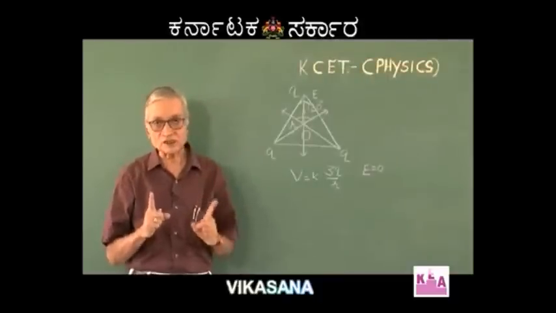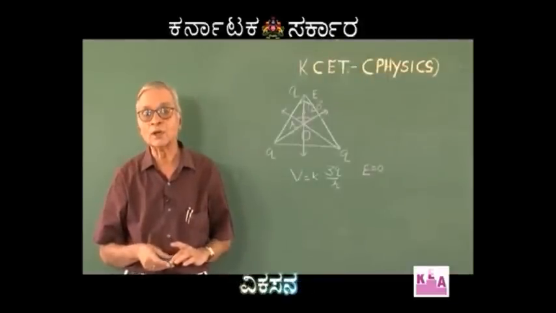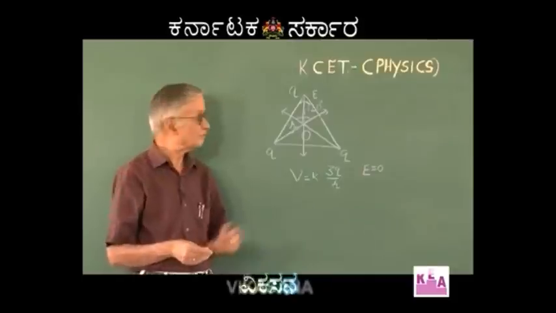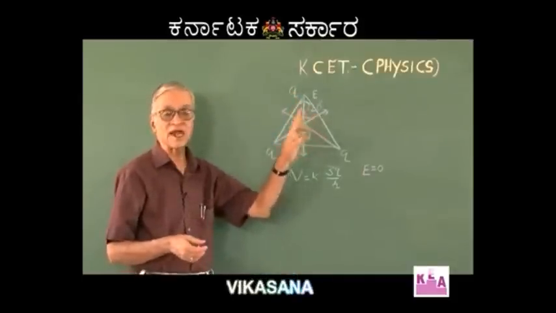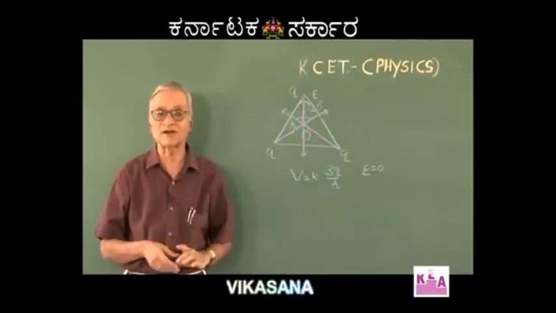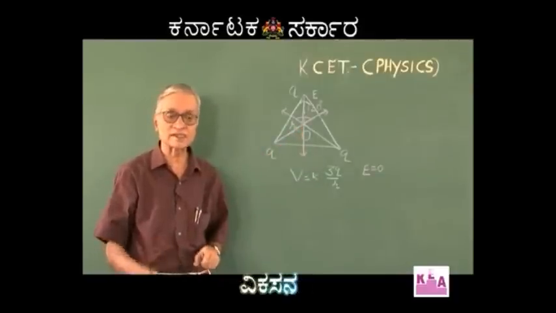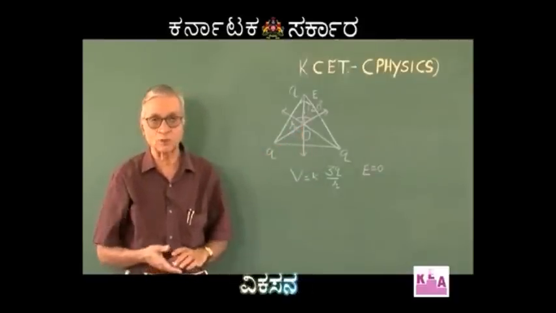Before concluding this question, let me tell you important points that you have to keep in your mind. If equal charges are placed at the corners of an equilateral triangle, the resultant intensity at the centroid is always going to be 0.